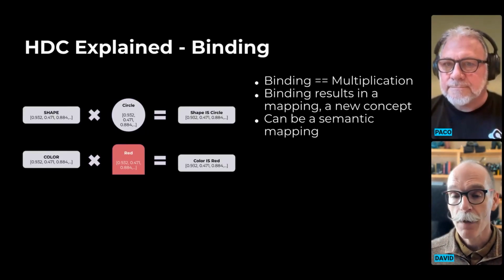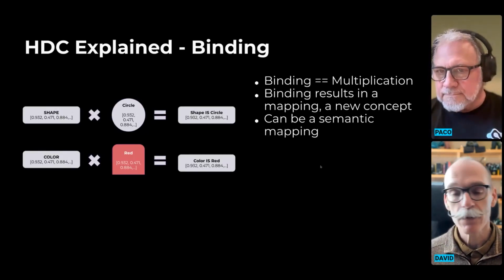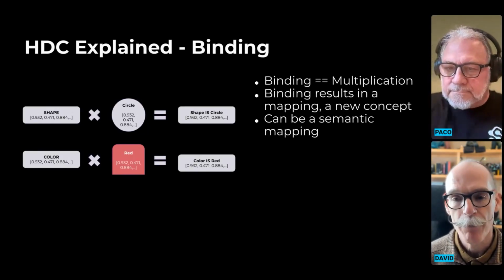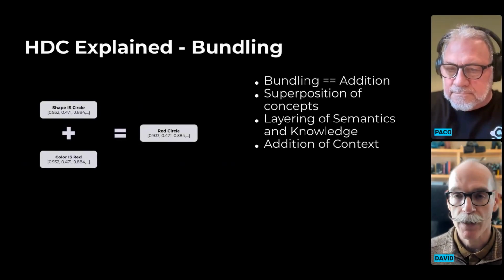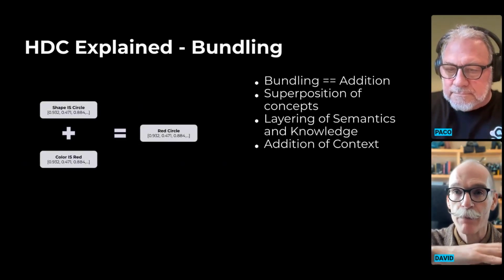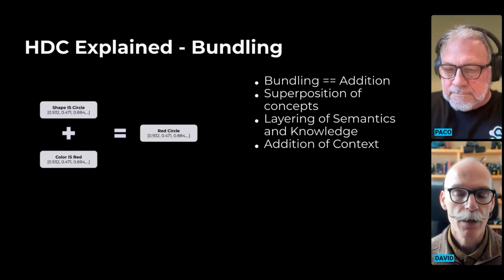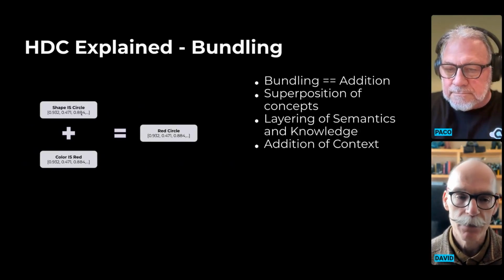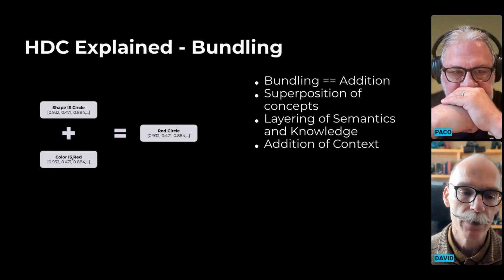Okay, so that's binding, the first operation of three. Okay, that's interesting, but what do you do with that? Bundling. You get a second operation, which is a superposition of those hypervectors, where you add them and collapse them. Now we can take the single hypervector for the concept of shape is circle, and the single one for color is red.